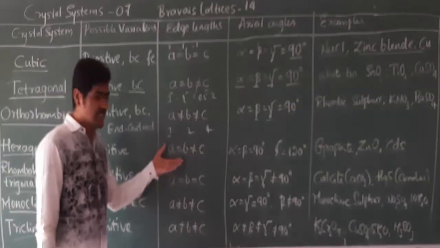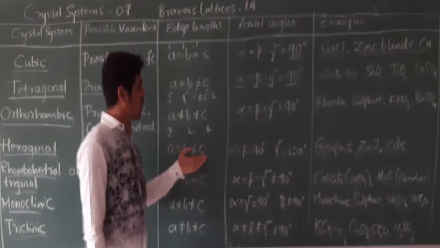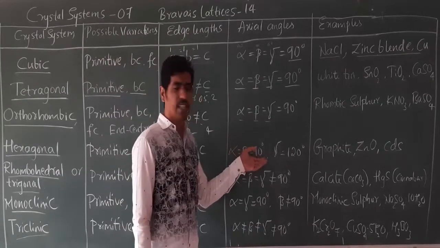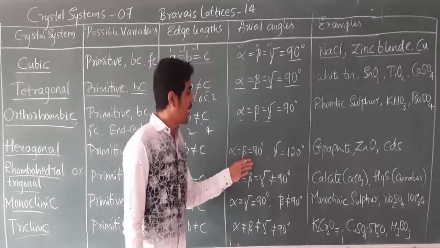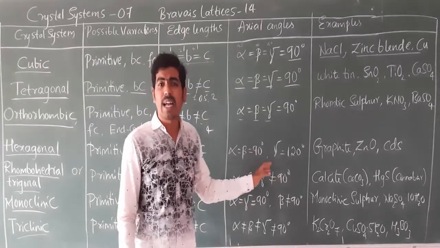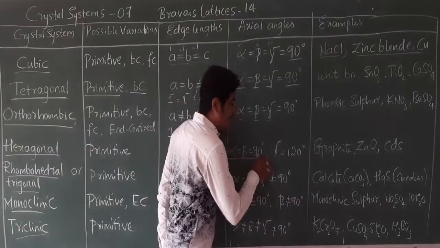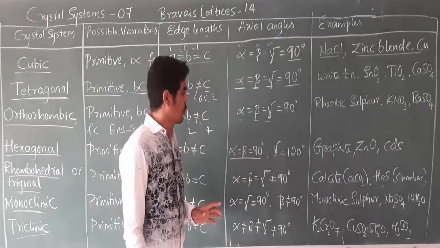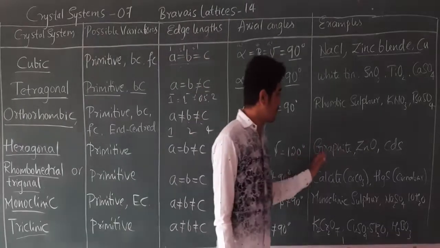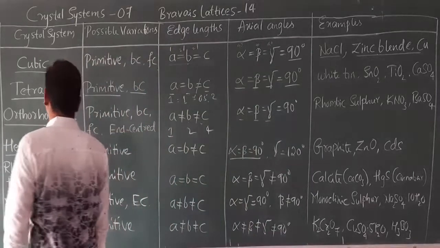And the edge lengths here are A is equal to B, but B is not equal to C. And alpha and beta are equal to 90 degrees and gamma is equal to 120 degrees in case of hexagonal crystal system. Okay, see, alpha and beta are equal to 90 degrees, but gamma is equal to 120 degrees. And the examples are graphite, zinc oxide, cadmium sulfide, etc.